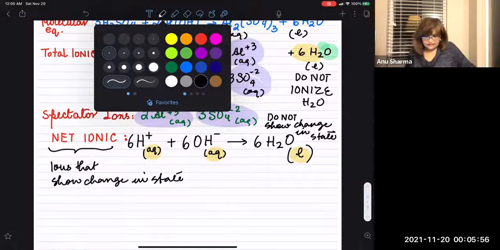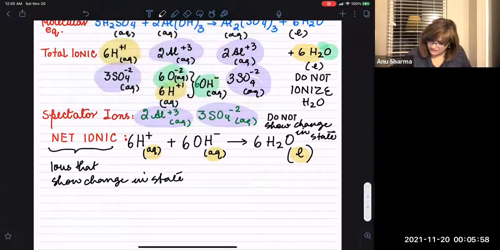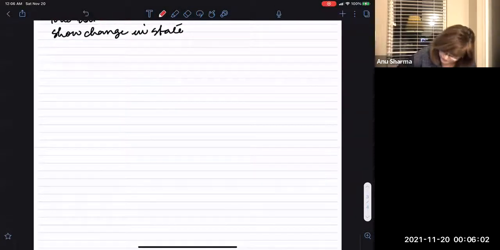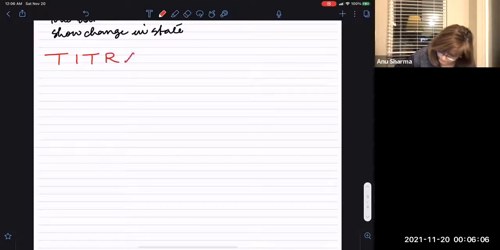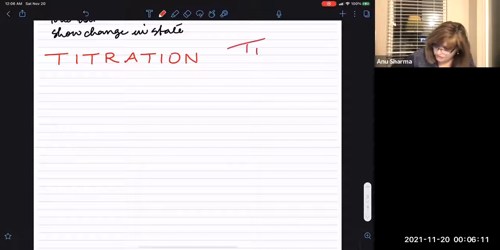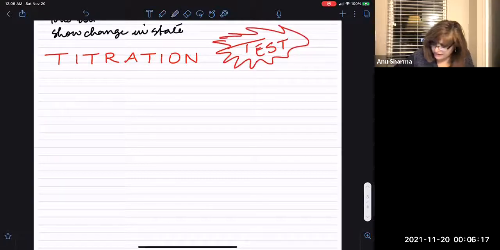Now comes the last and the final, and that is the titration. Very important, titration. And I'm going to just let you know that this is going to be on the test. All right.